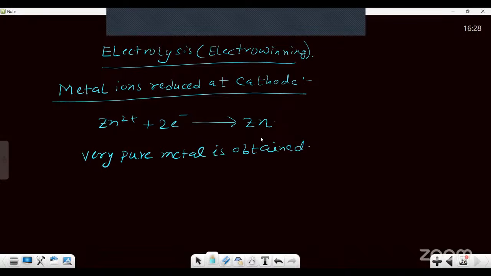Now we talk about a leaching process, which we call bacterial leaching. So we'll see bacterial leaching in a while.